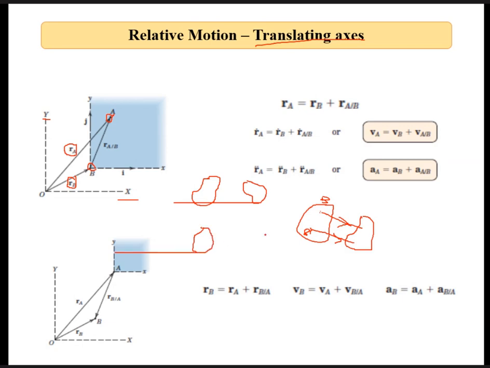Say my body has translated up to this position, and now finally it is rotating in this direction, say about a point A like this, and it is attaining this position. So translation plus rotation about a fixed point, that we are going to consider.